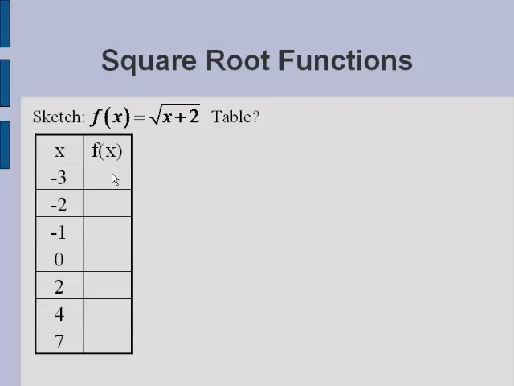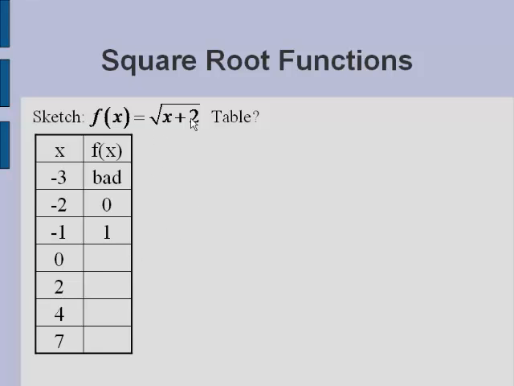Now what about -3? If I put -3 in, -3 plus 2 is -1, and the square root of -1, wait a second, we saw this earlier, the square root of -1 is bad. What about if I put in -2? Well, -2 plus 2 is 0, and the square root of 0 is 0. If I put in -1, -1 plus 2 is 1, and the square root of 1 is 1.